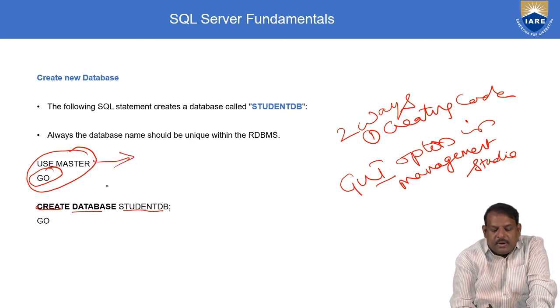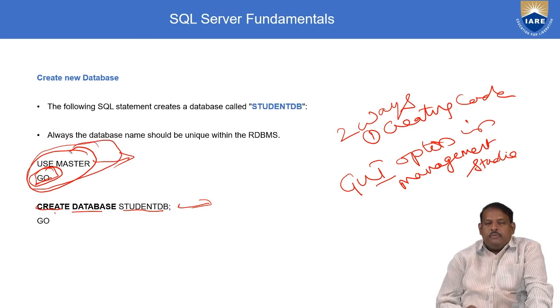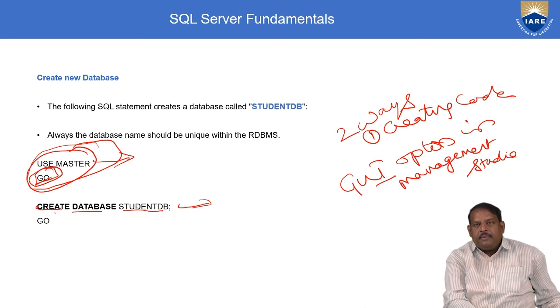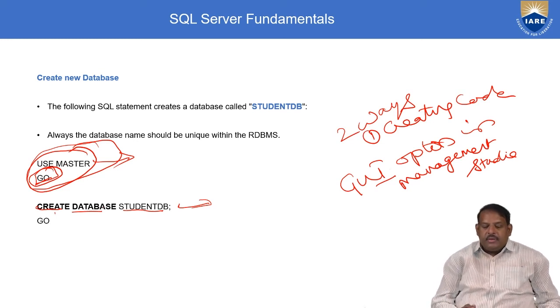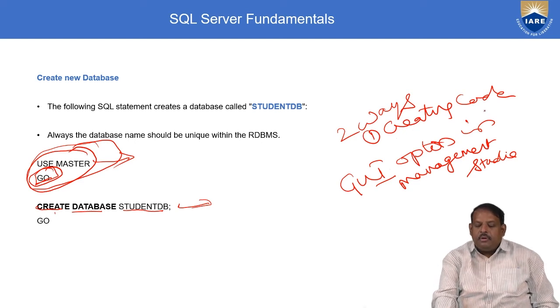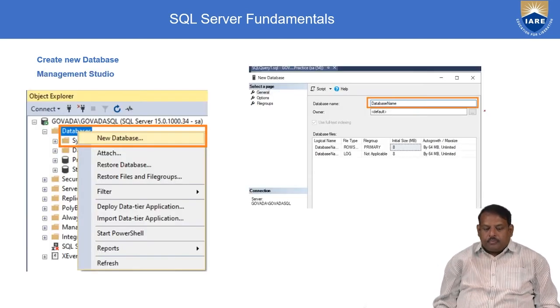This is one SQL command, this is another SQL command. So first USE master GO takes us to the master database. Then I say CREATE DATABASE, and the database name is student. This is the first option, to create a database by writing code.